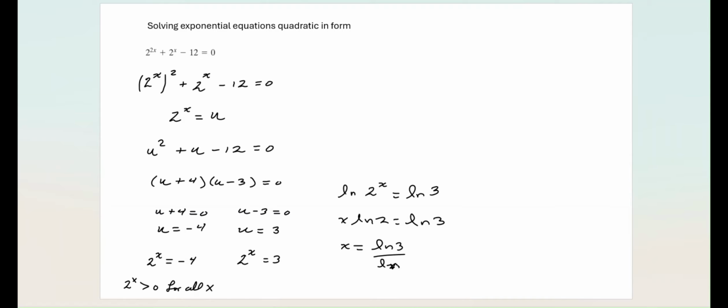This is the exact solution of this equation. If you calculate with your calculator, the approximate solution would be approximately 1.585. So your solution is ln of 3 over ln of 2, or as an approximate solution, you could say that the solution is 1.585.